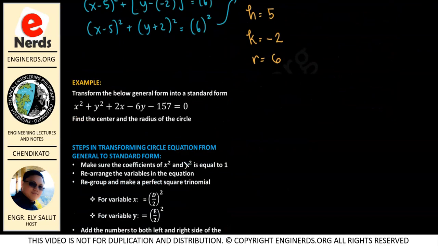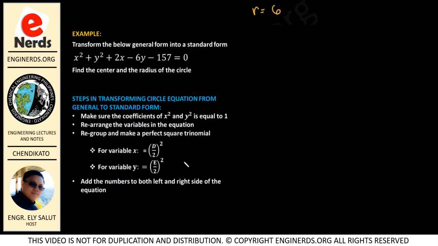Now we have another problem. So the same lang siya nung kanina. We just really want na maging familiar tayo in how to solve this kind of problem, no? So again, let me write here our standard form ng circle, no? So our standard form ng circle is x minus h squared plus y minus k squared is equal to r squared, no?